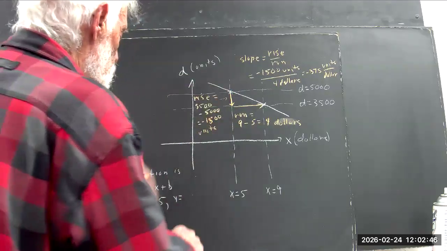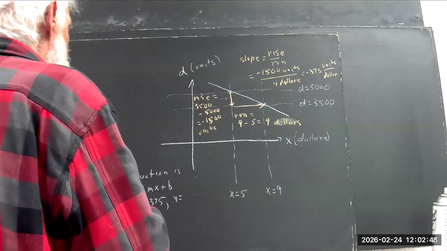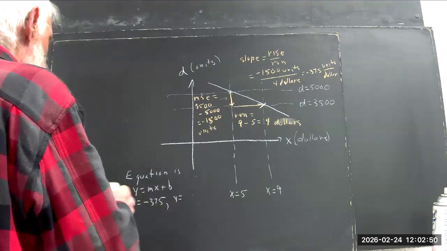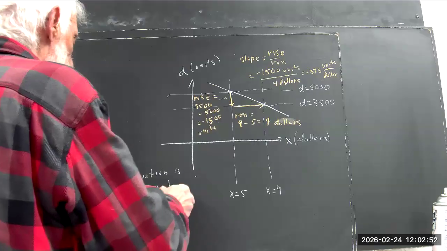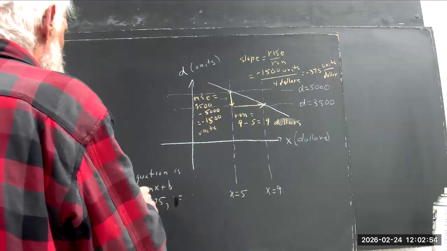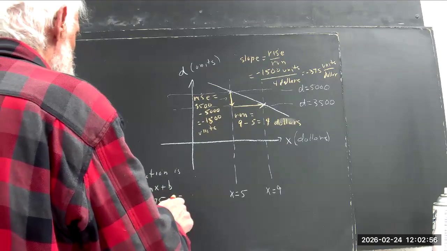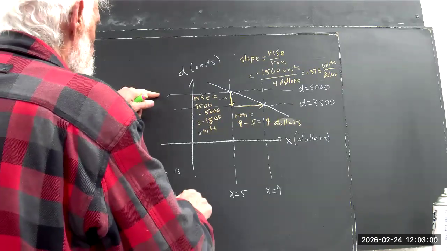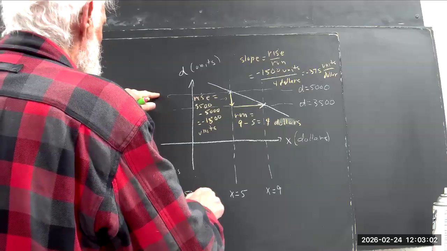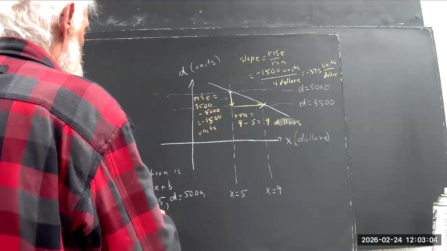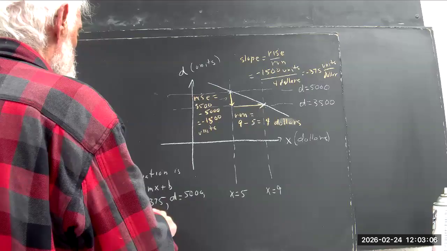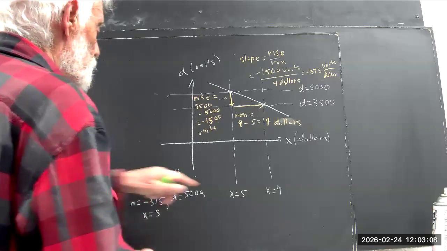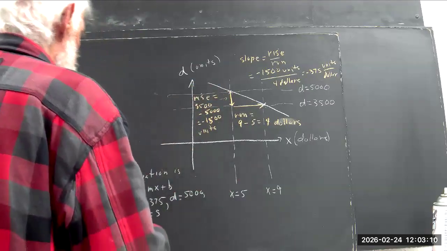Let's just take the leftmost point. I'm using y because I'm kind of used to it, but let's call it d. D equals 5,000, and x equals 5, because when x equals 5, d equals 5,000.